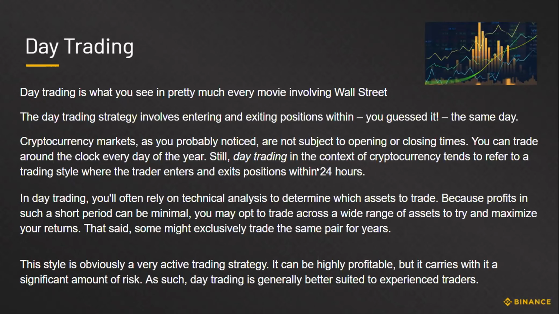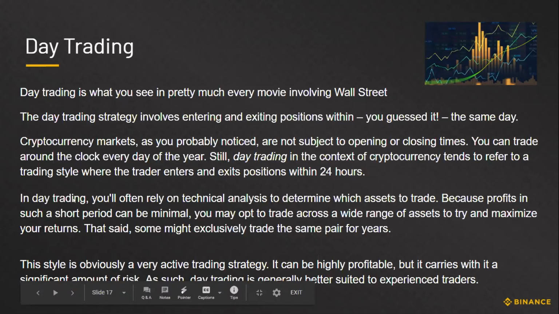If you've seen any movie, like Wolf of Wall Street, where they make trades not on crypto markets, let's say on the asset markets, the stock exchange markets, they're calling it, buy this asset, buy this stock right now, and every day there's a target, there's an amount they open at, and there's an amount they close at. So that's an example of day trading. Then it involves entering and exiting the market positions within the same day. Okay? So the other one, scalping is within minutes, day trading is within the same day.